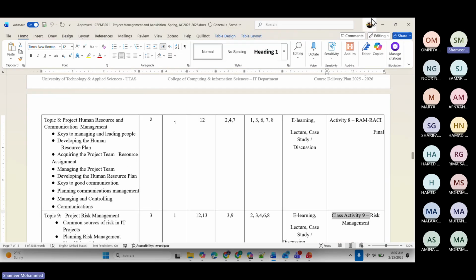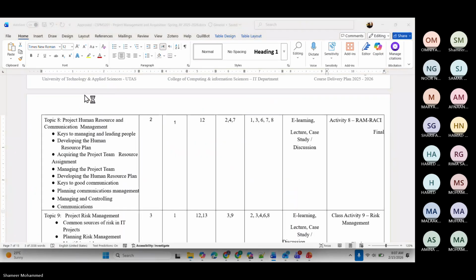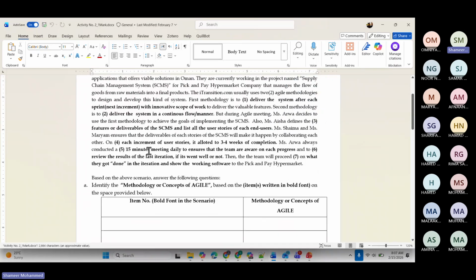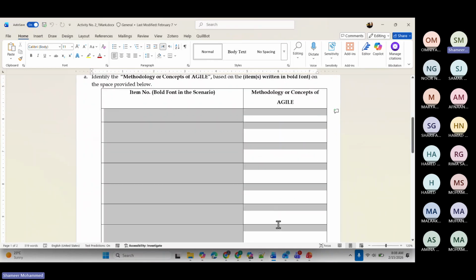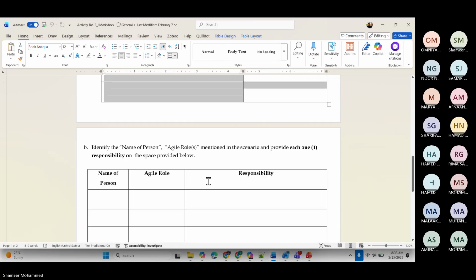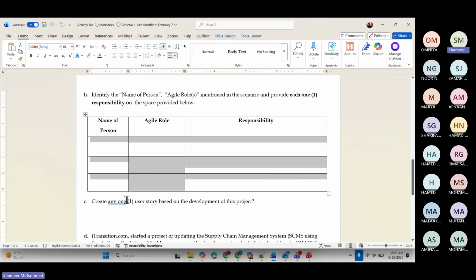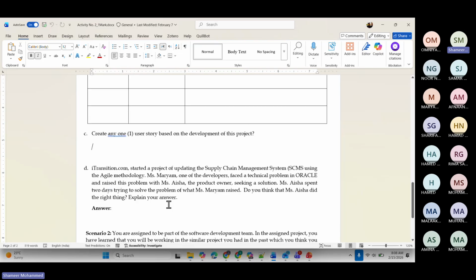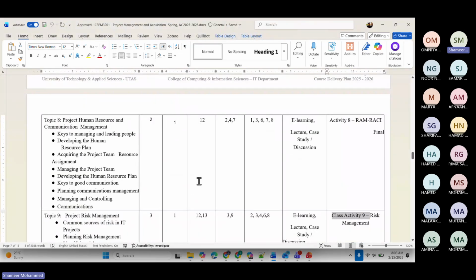Another activity is there in lecture 2. See, this is the question. Here you have to write your answers. Okay, this is the question and answer. Question, answer. Like this, each activity has some questions.